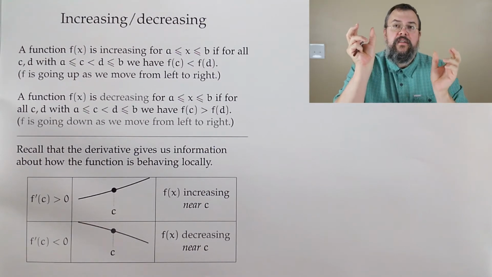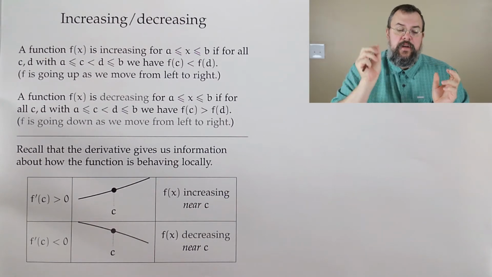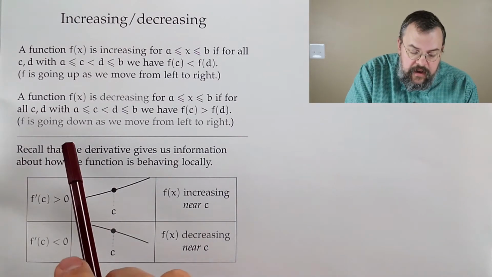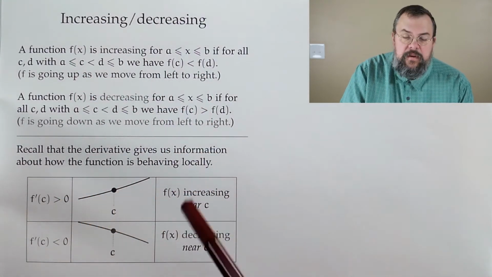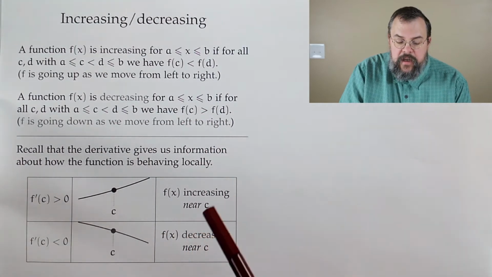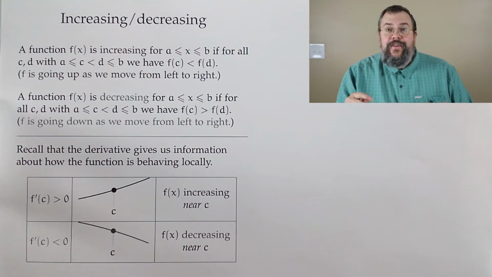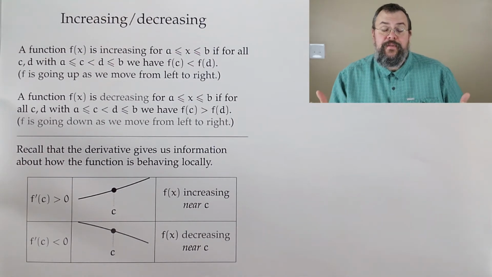But if the first point at c is larger, that means I'm decreasing. So if c is less than d, f of c less than f of d, that means I went up. If c is before d, but f of c is greater than f of d, I move down. Not so hard to imagine, but what does this have to do with derivatives?